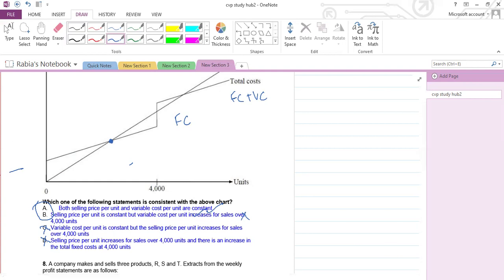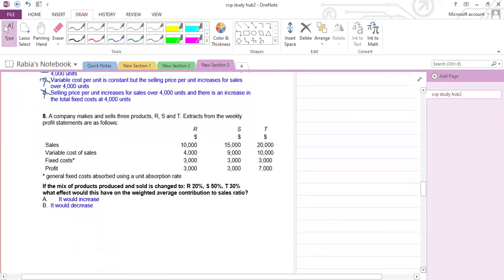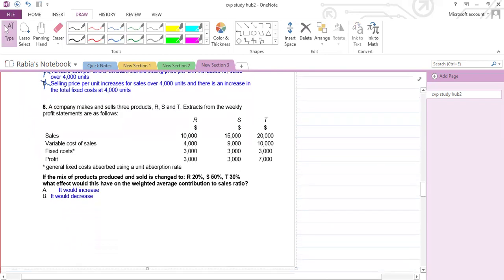Now, the next question. A company makes and sells three products R, S, and T. Extracts for the weekly profit statement are as follows. Sales of R, S, and T are given, along with variable cost, fixed cost, and profit.